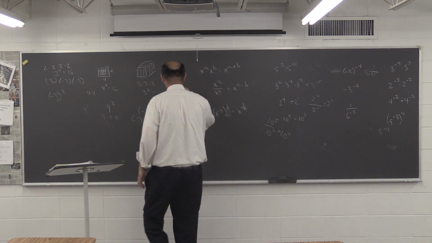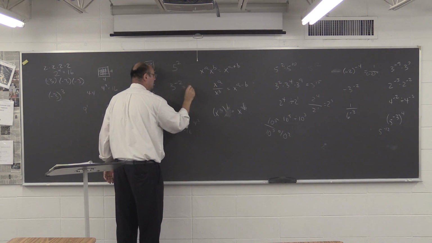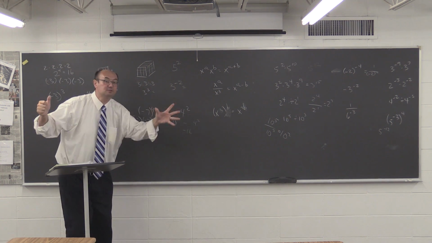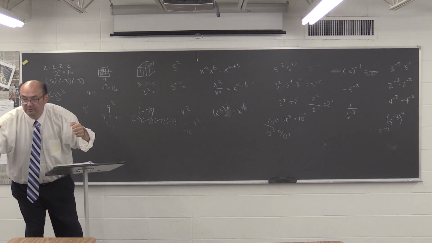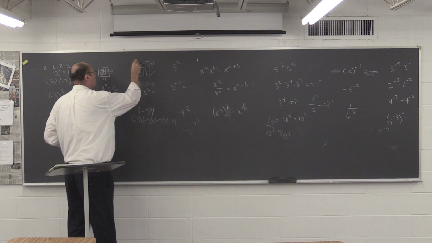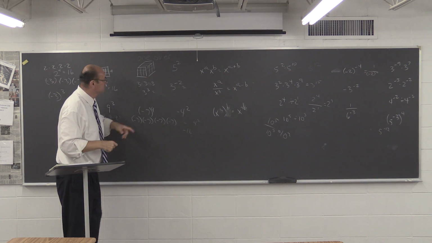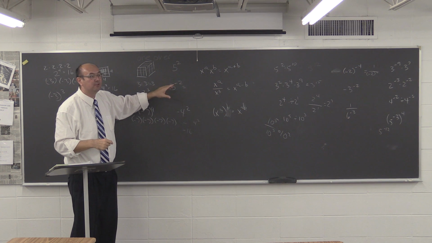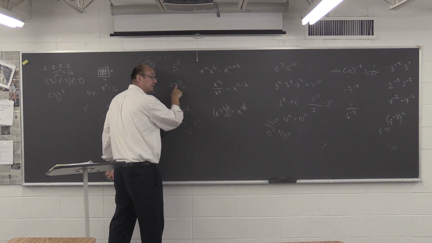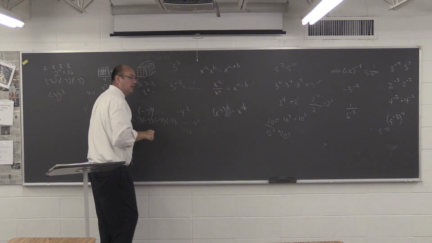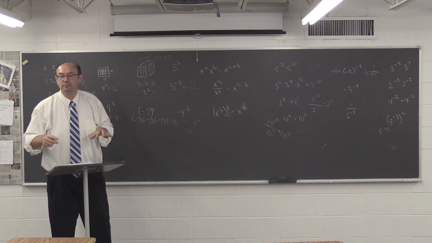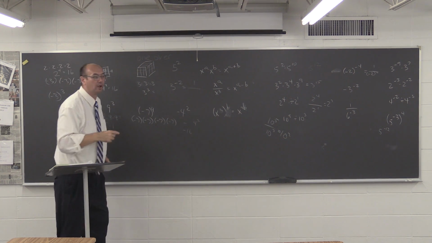So if I have 3 to the negative 2, anytime my exponent is negative, I remember the words 1 over, and then I rewrite it with a positive exponent.